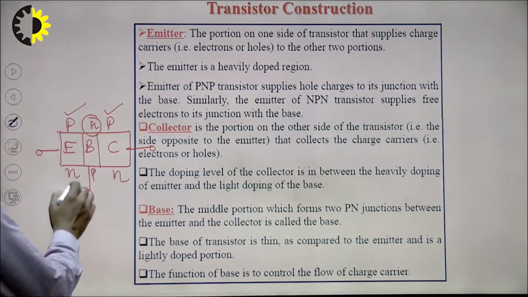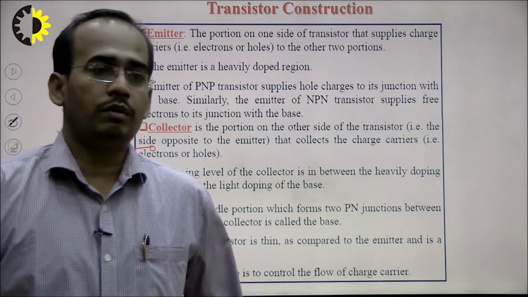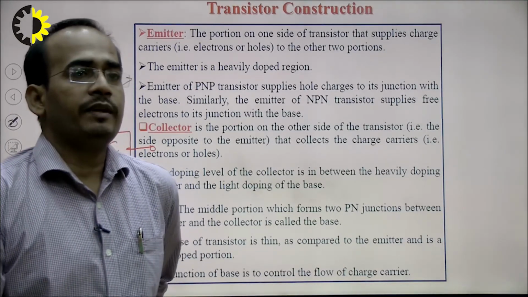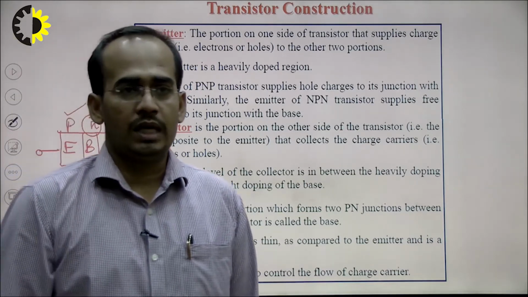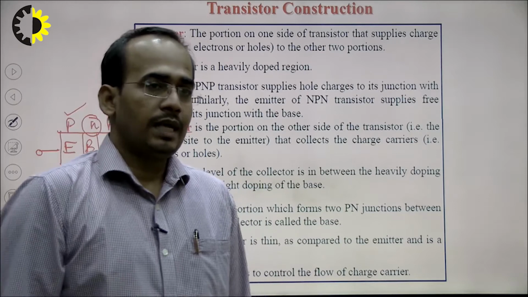So, what will be the physical dimension of the emitter, base and collector, and what will be the doping level? First, define the emitter. The emitter is the portion on one side of the transistor that supplies the charge carriers to the other 2 portions, and the emitter is heavily doped.